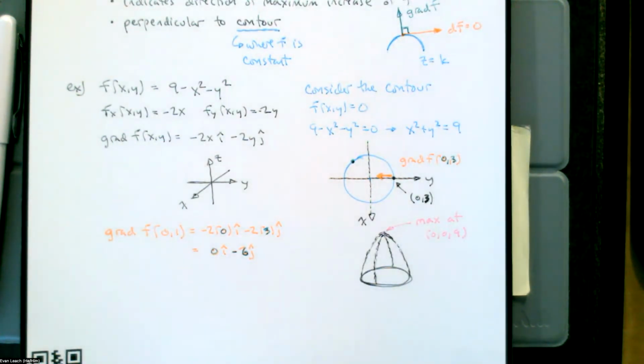So how much is that going to be? If that's 3, these are going to be the size of 3 over root 2? No, wait. You know why I picked 45 degrees? Because these two have the same absolute value.